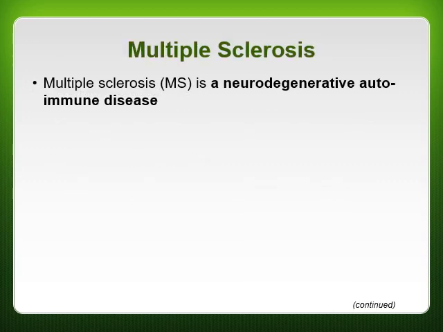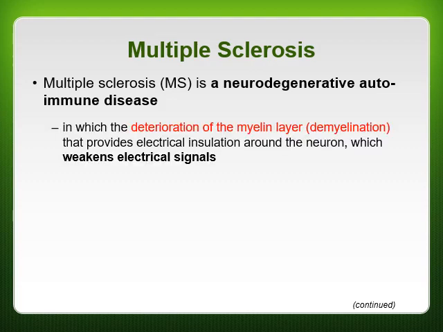So we will start with the first one here, MS, as it is commonly known, otherwise known as multiple sclerosis. This is a neurodegenerative autoimmune disease. Say that three times fast. Now, for this disease, what's actually going on that makes this problematic?